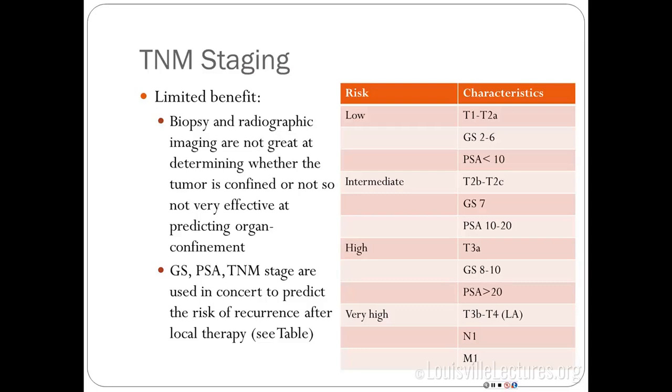Because if the cancer is limited to the gland, whatever prostate-directed therapy you do has a more than 90% chance of working. But if there's even one cell that has breached that capsule, if you do just a prostate-directed therapy, of course, the chances of it coming back are very high. So that's the most important thing when we're trying to figure out what treatment we should do.